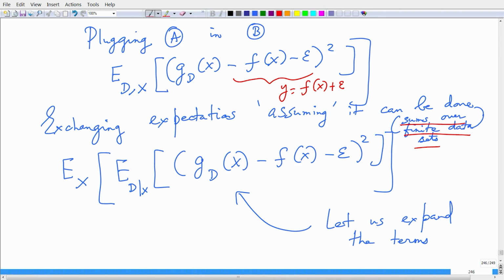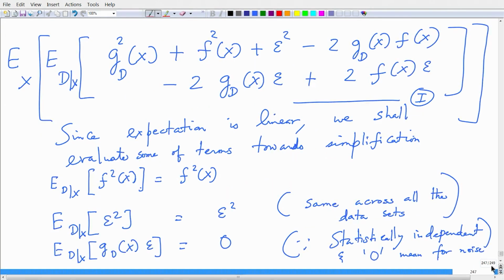We have to expand the terms inside these braces. So I have a plus b plus c, the whole square: a square plus b square plus c square plus 2ab plus 2bc plus 2ca, right. We just invoke that identity that we learned from high school.